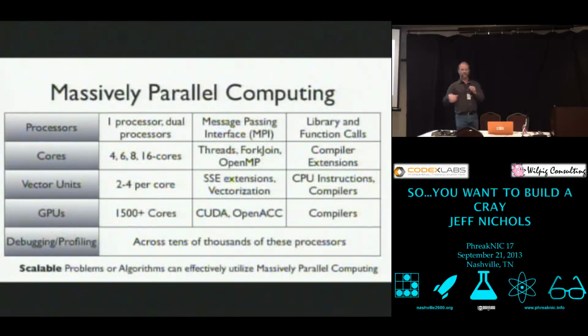That has to do with your floating point operations, and many cores can have multiple vector units with them. If you're trying to stream vectors and do calculations, think vectorization, SSE extensions, that kind of stuff. Again, it is CPU instructions, but you're really still looking at the compilers.